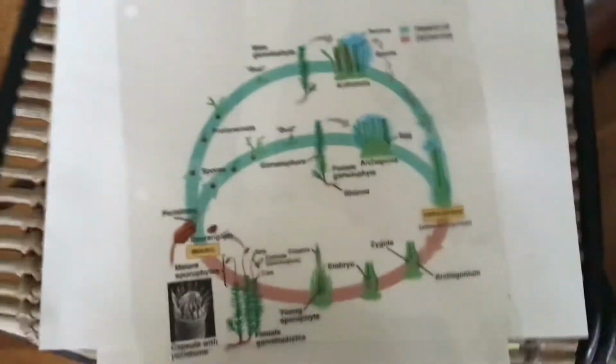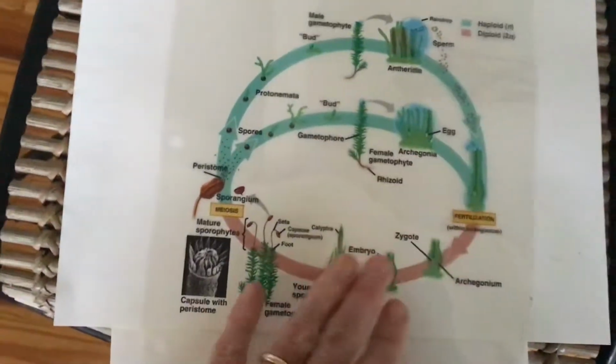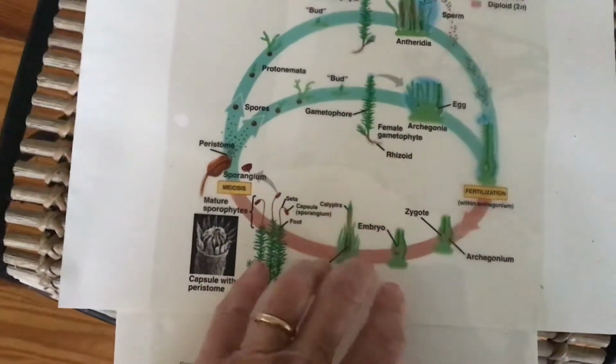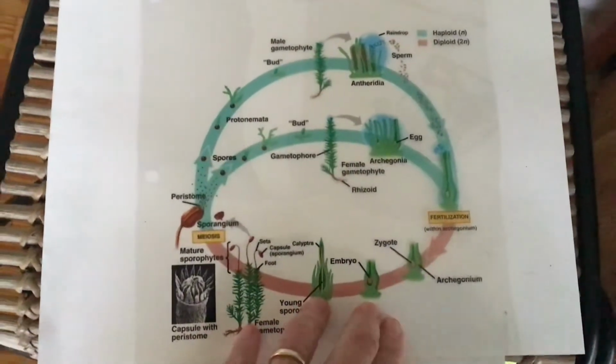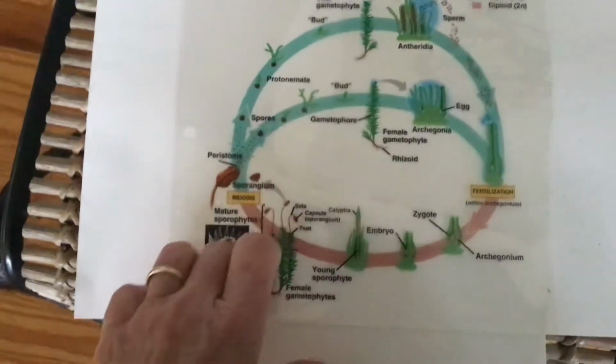The reason why I'm showing you this is that, clearly with the colors, it shows the sporophyte part, which is this part. They have it reversed from how we talked about it. This is the sporophytic structure, making the sporangium.